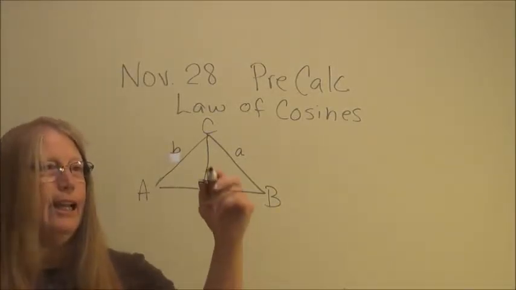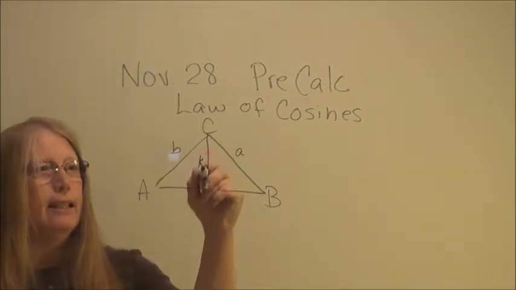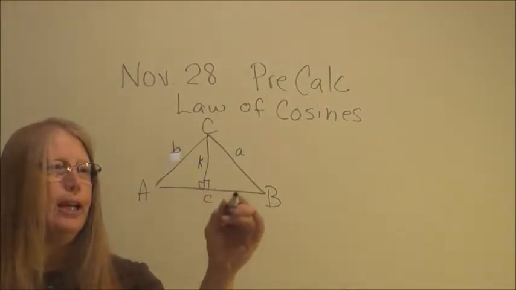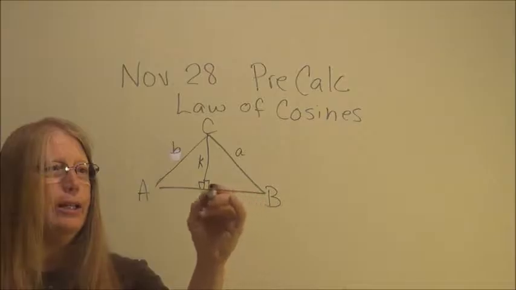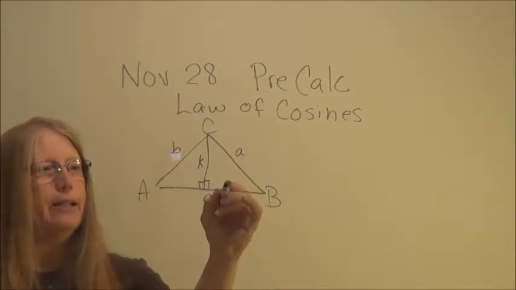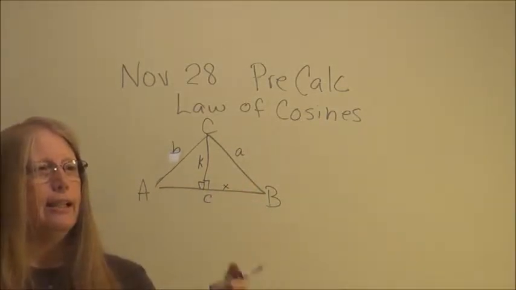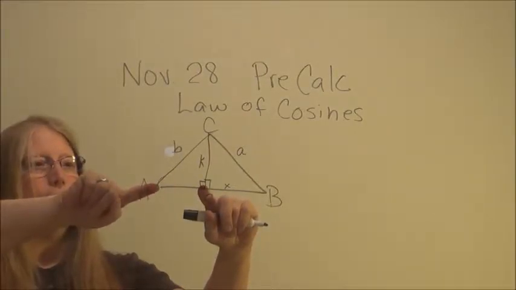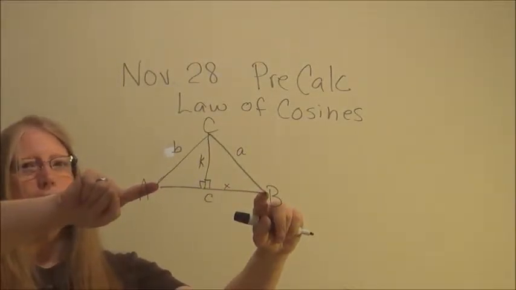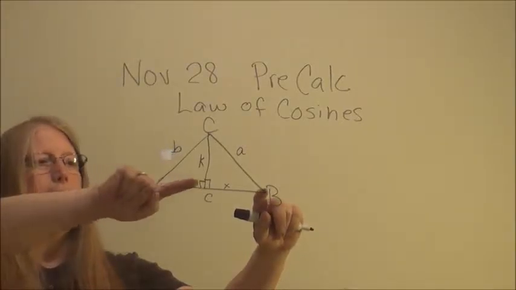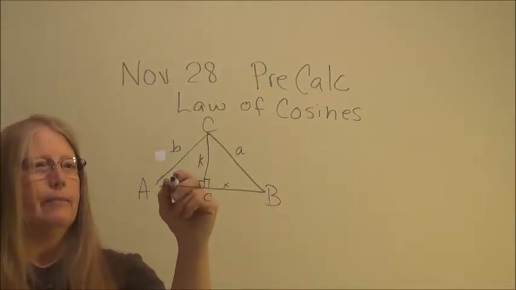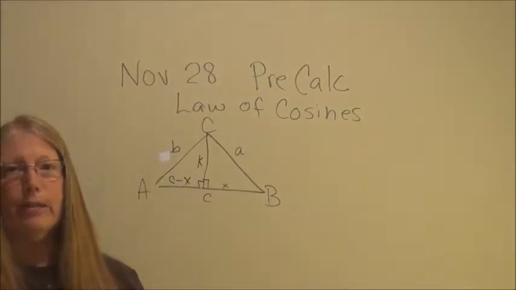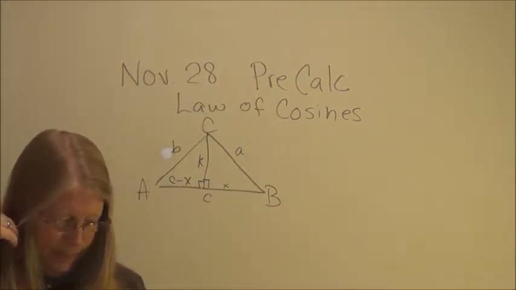Let's call that K. And now if this whole side is c, and I want just this segment of the base, call it x, then do you see that this section is c minus x? So draw and mark a triangle like that.